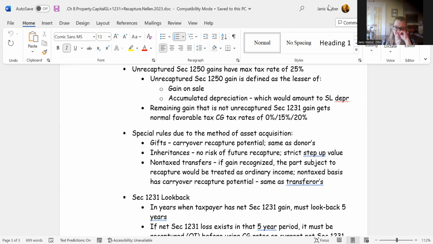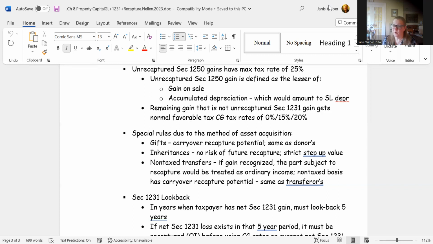So you'd look at the gain and say the maximum rate would be on this accumulated depreciation, because this is just the unrecaptured, not the part that had to be recaptured because of code section 1250 recapture or 291 recapture. Well, this doesn't apply to them because their rate's lower anyway.